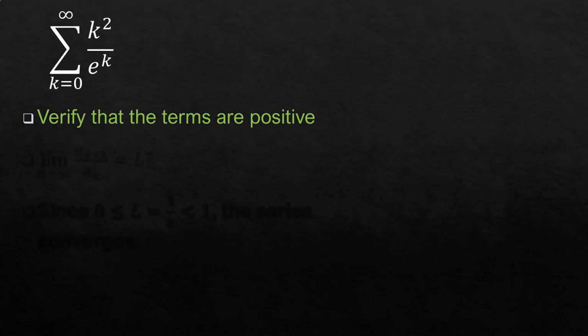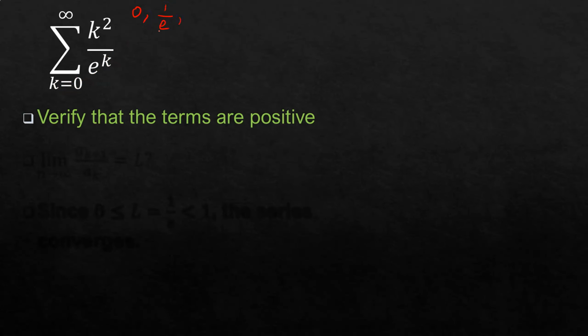All right, so here is an example. Here's a series. The first thing we would have to do is to verify that they are positive terms. Well, of course they are, because k starts from 0. So the first term in the series would be 0, right? The second term would be 1 over e.